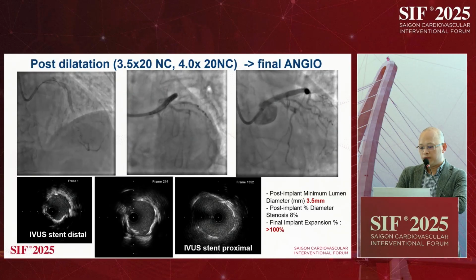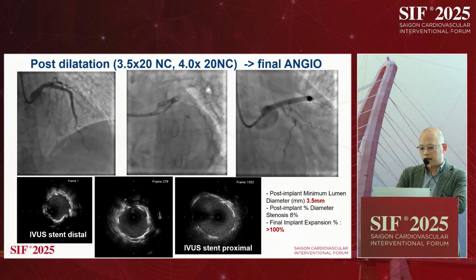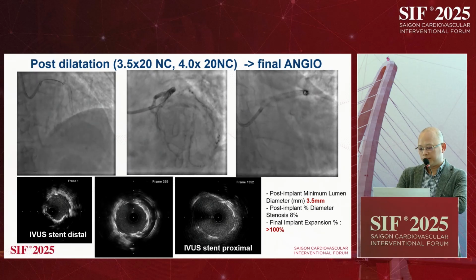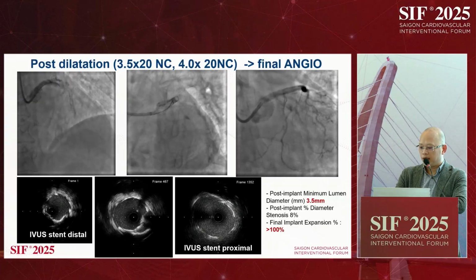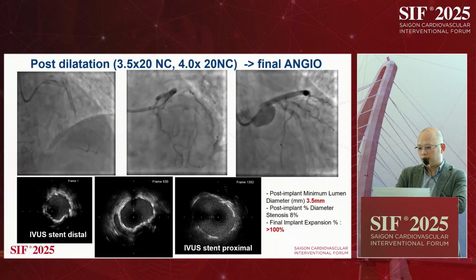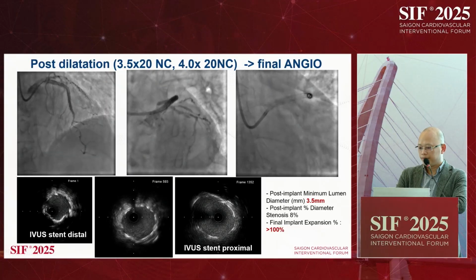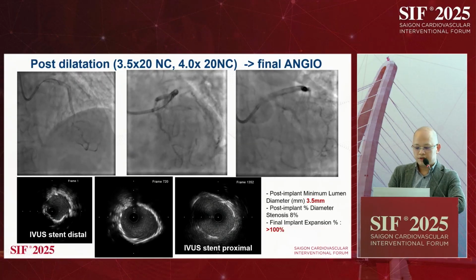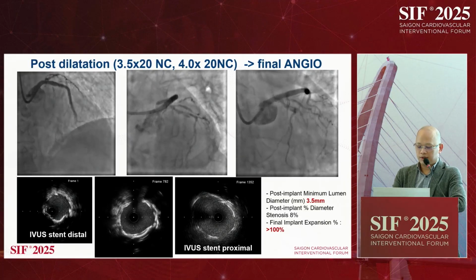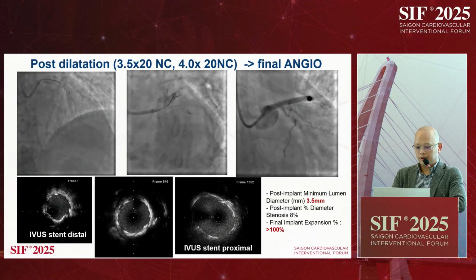And we achieved good flow, and the IVUS shows as below. So the post-implant minimum lumen diameter is 3.5 millimeters, and the residual stenosis is minimal. And for final expansion, we think that the stent expansion result is achieved. Yes.